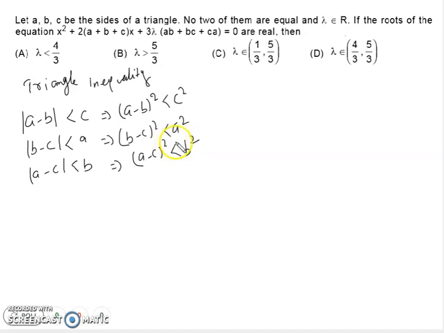Now I am going to add these equations. Suppose this is the first equation, this is the second equation, and this is the third equation, guys.